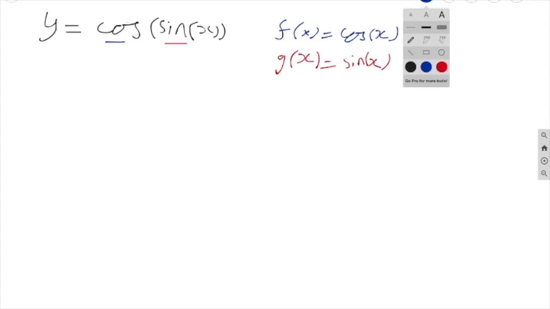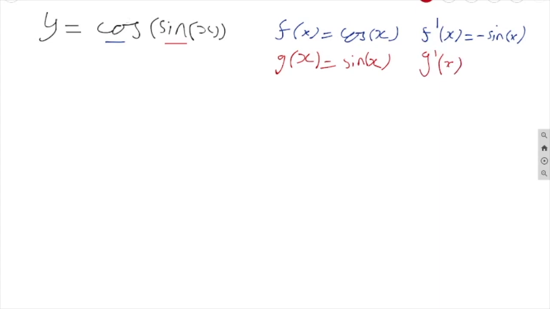We'll differentiate those individually so that we have f prime of x equals minus sine of x. And g prime of x equals cos of x. We have all of our individual differentials ready, so let's apply the definition.